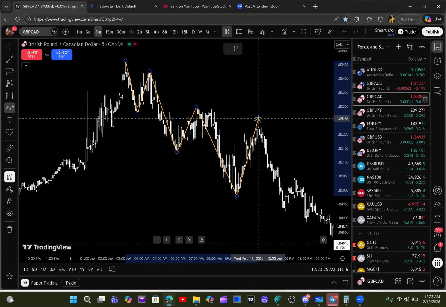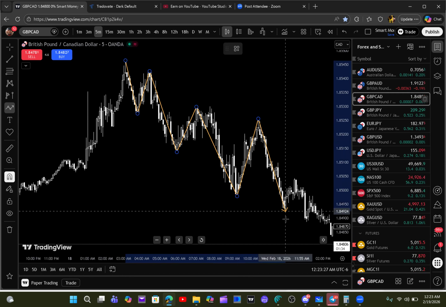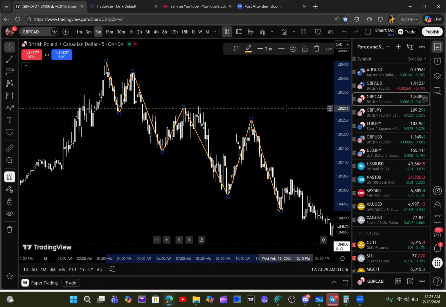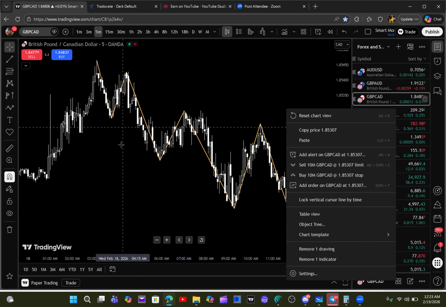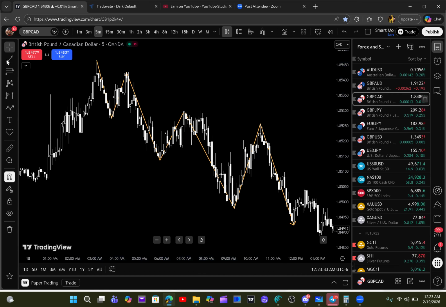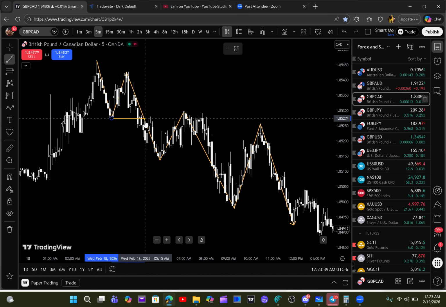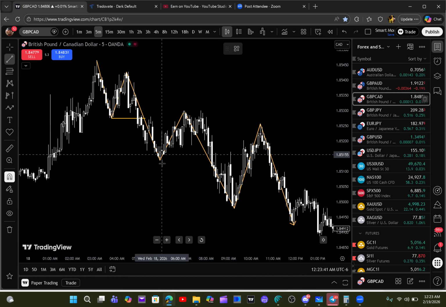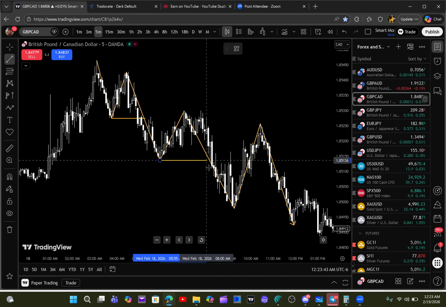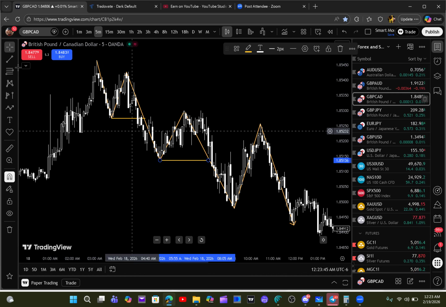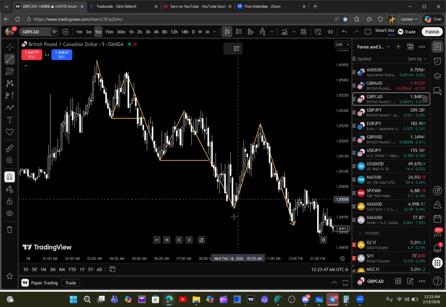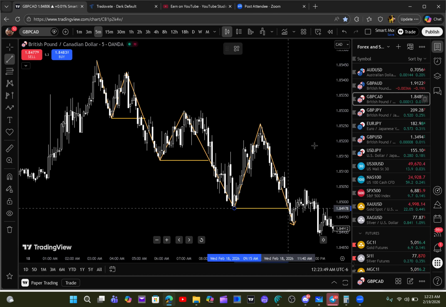Lower high. And it continues. And then we have the breaks of structure right here. Break of structure. Another break of structure. Y'all see that? And another break of structure. And that will continue. Now that's your downtrend.